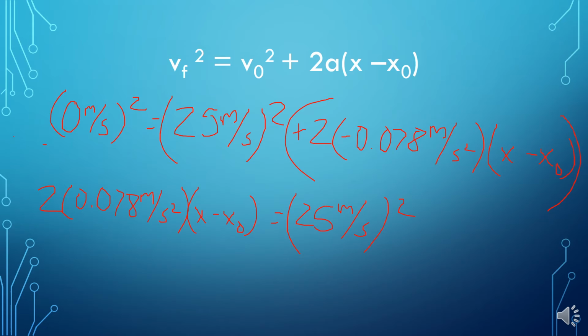Then I'm going to divide both sides of the equation by this, and then plug and chug. So 25 squared gives me 625.